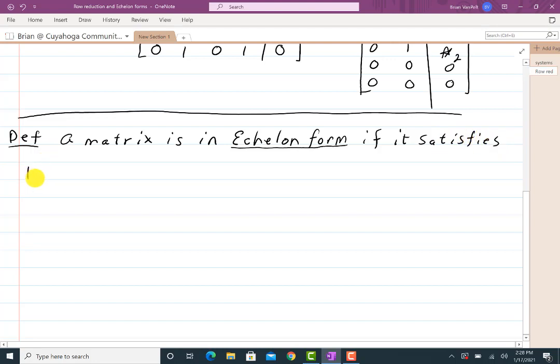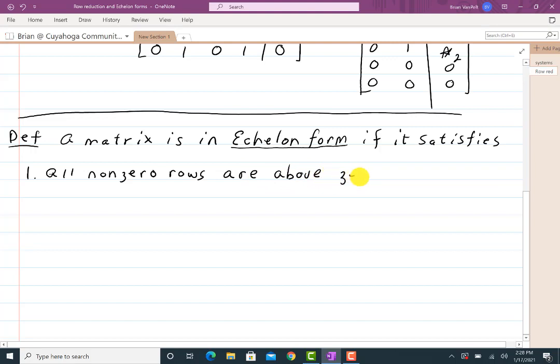So let me put these down. Number one, all non-zero rows are above zero rows.